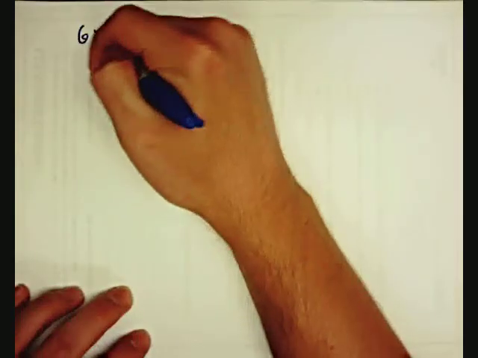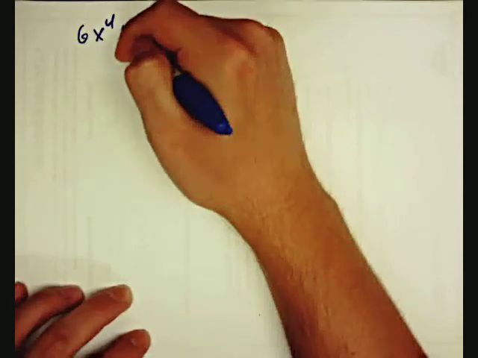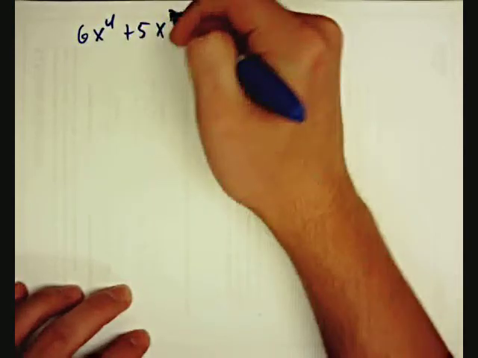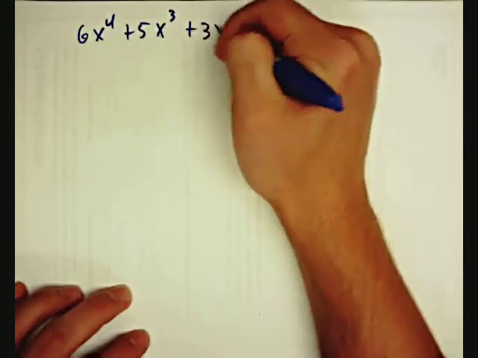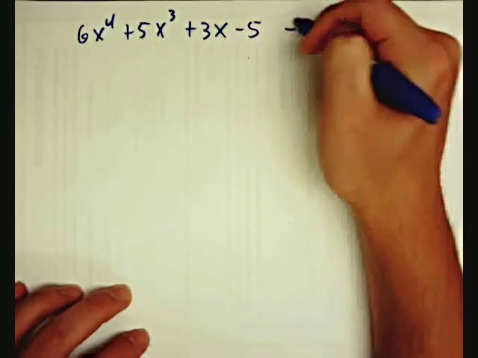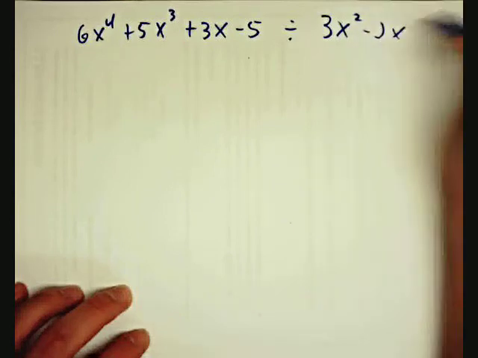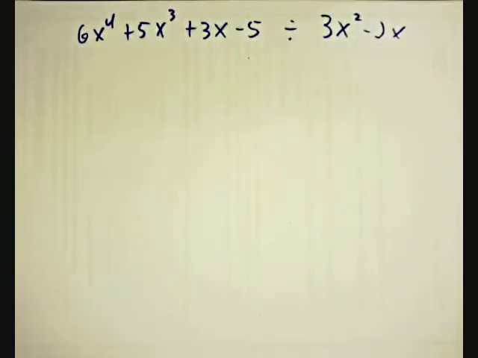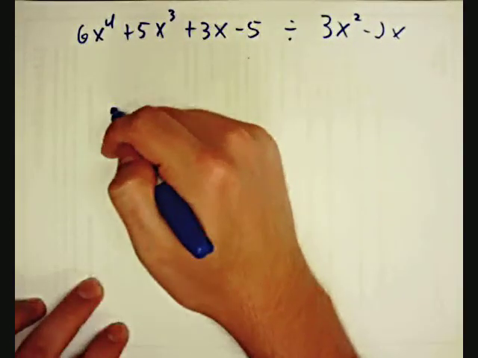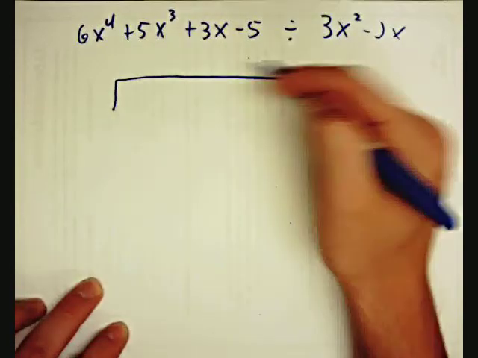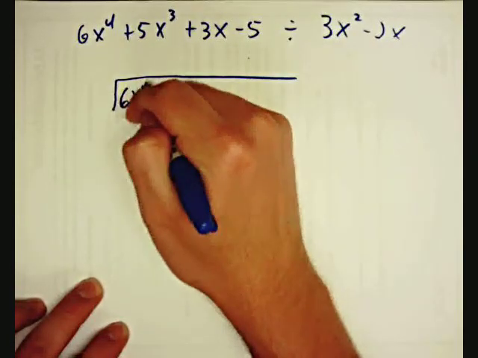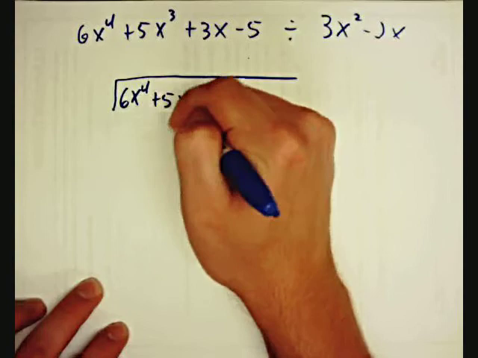Example 3, 6x to the 4th power plus 5x cubed plus 3x minus 5 divided by 3x squared minus 2x. Okay, so set up our long division box. 6x to the 4th power plus 5x cubed.